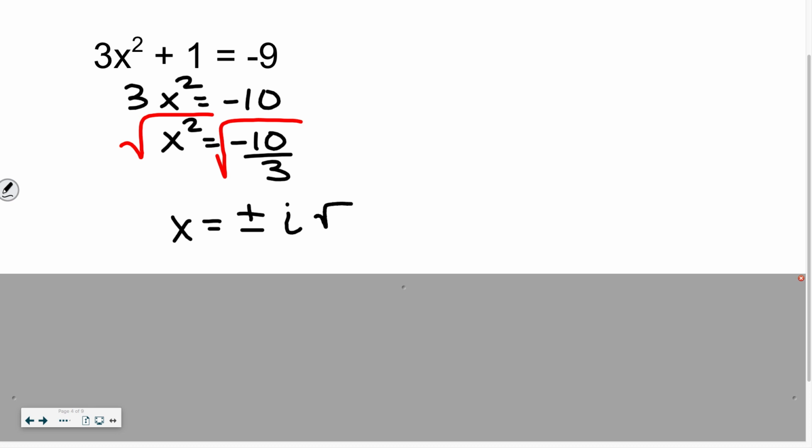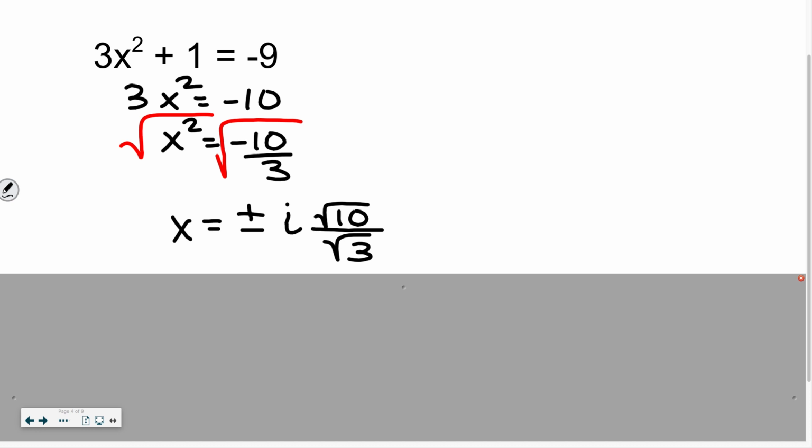Are you okay with me writing it like this? The square root of 10 over the square root of 3. Remember we talked about that rule? Where if it's a fraction underneath, if they're being divided, you can separate them. Okay, what do we have to do with our answer yet? We have to multiply out the radical 3, so it's not underneath the denominator. This is something we're learning, we're getting better at.